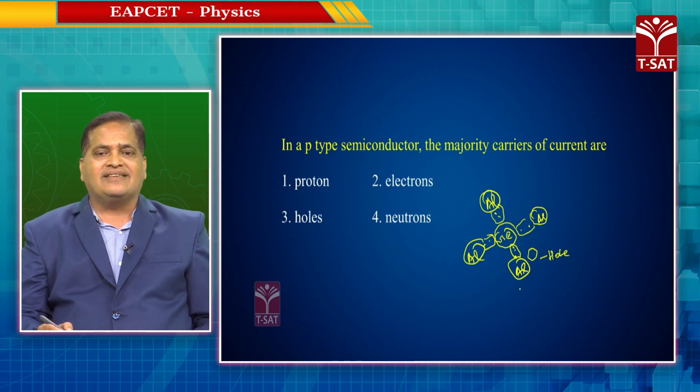In the p-type extrinsic semiconductor, majority charge carriers are holes. Okay children, remember: in a p-type semiconductor majority charge carriers are holes and minority charge carriers are electrons.